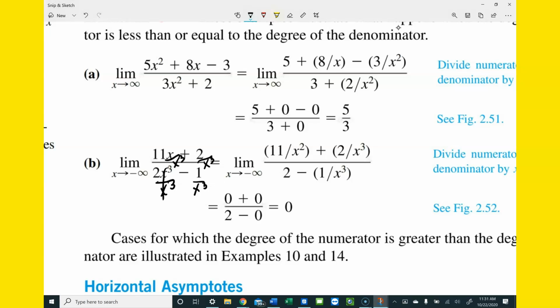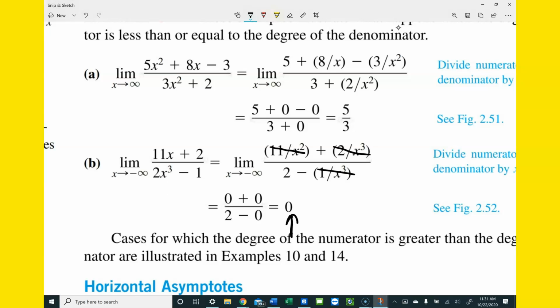Now, as x approaches negative infinity, we're dividing by larger and larger magnitudes, which means this goes to 0, this goes to 0, this goes to 0. So you're left with 0 plus 0 over 2 minus 0, which would be 0 over 2, which would still be 0. And that leads us to a very simple conclusion.